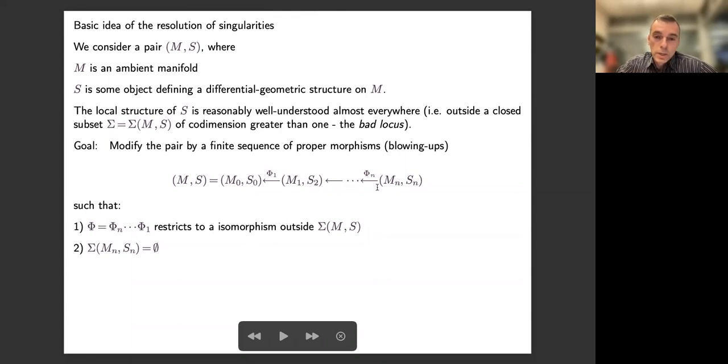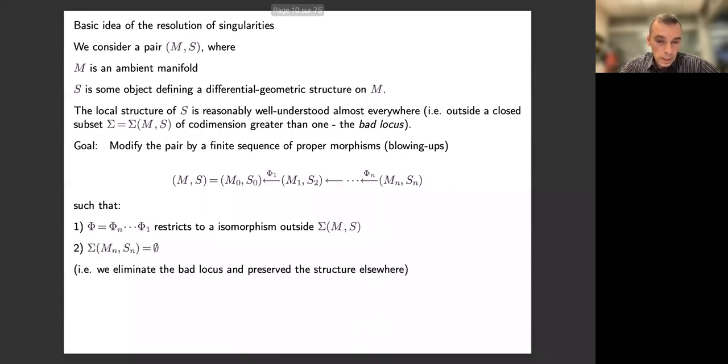And then we expect that this last pair doesn't have a bad locus. Of course, we'd like to eliminate all the bad points by this procedure. The first condition asks that the structure is preserved outside this bad locus, because we don't want to touch the points which are already good.